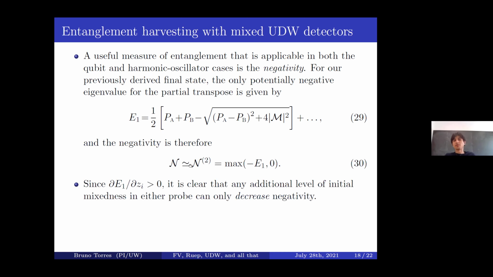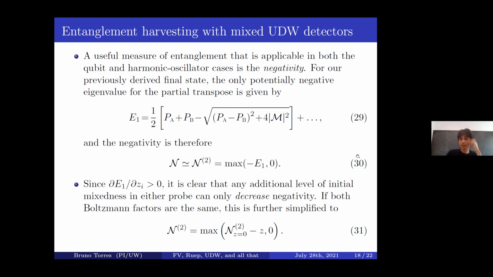And the negativity, therefore, is just the maximum between minus this and 0. Right? Now, these p's were defined as their values with perfectly pure probes plus Z, and you can see that this E is monotonically increasing with the mixedness parameters. So intuitively, it makes sense that any additional level of mixedness will only decrease negativity, which is consistent with the claim that Rubat made, and it's also consistent with the basic intuition that mixedness and local noise is bad for entanglement harvesting.